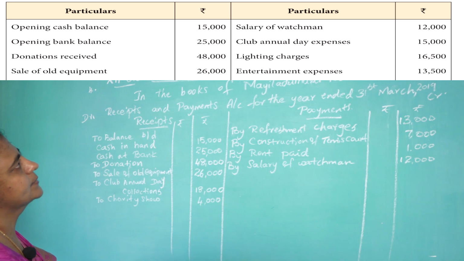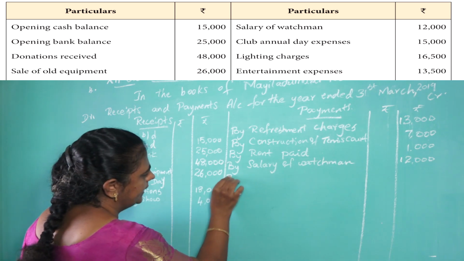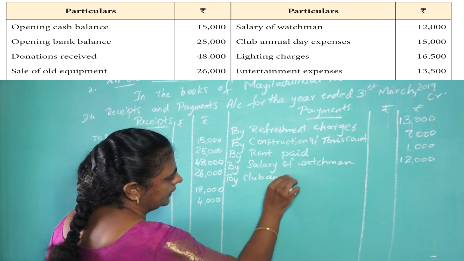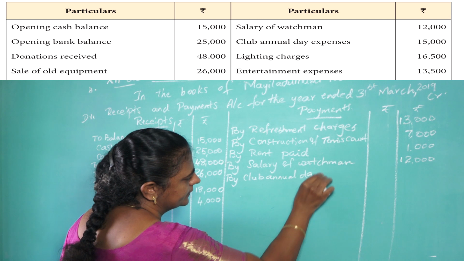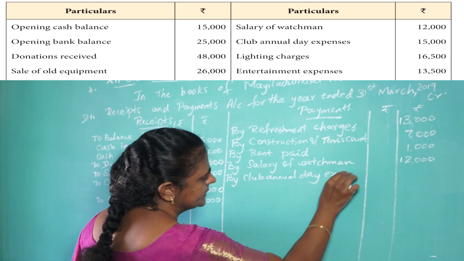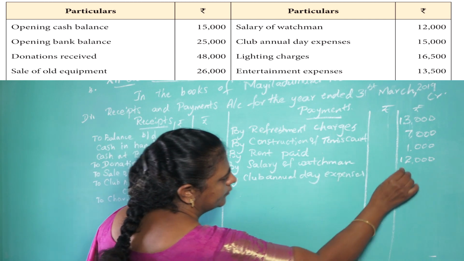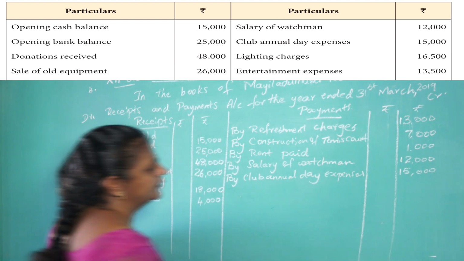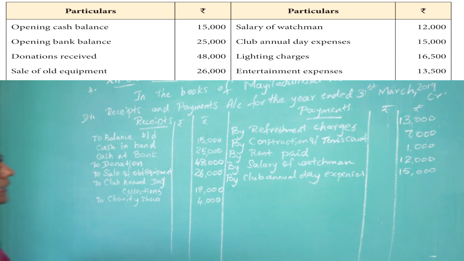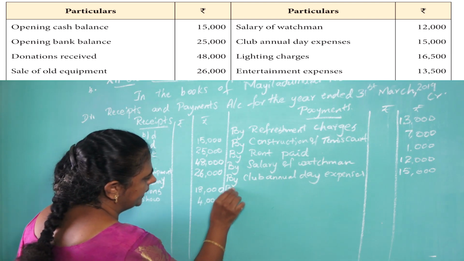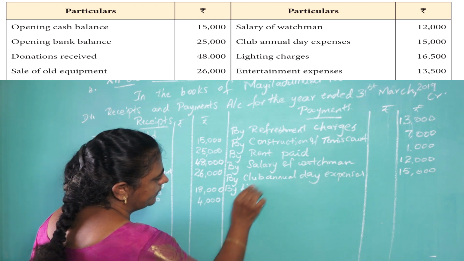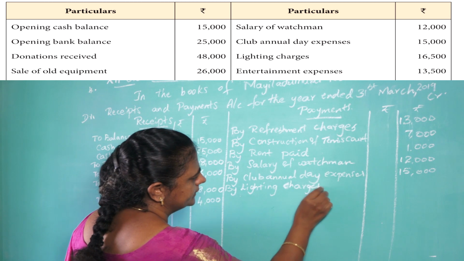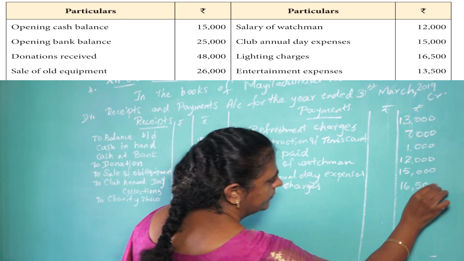Club annual day expenses 15,000, again a payment, by club annual day expenses 15,000. Next, lighting charges 16,500, by lighting charges 16,500, a payment, an expense.